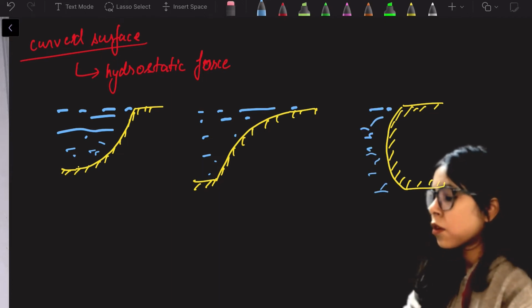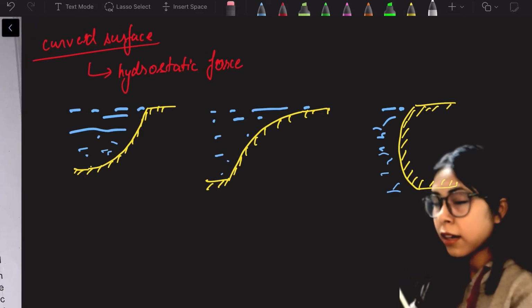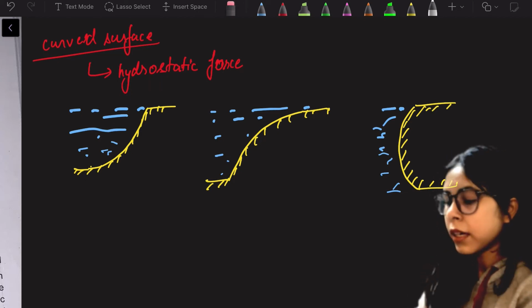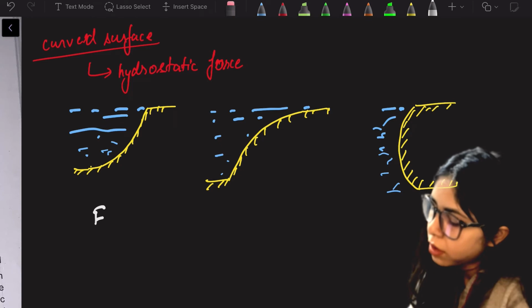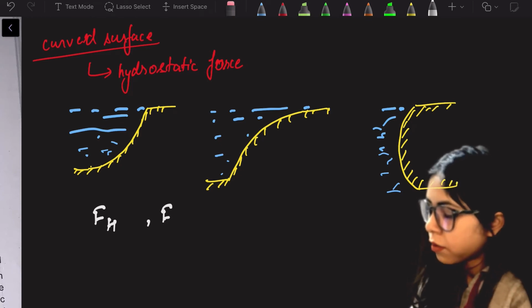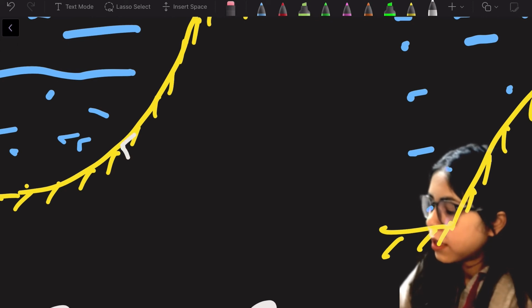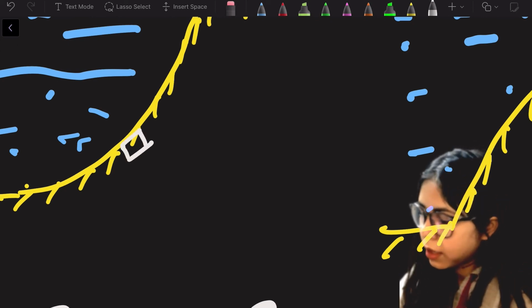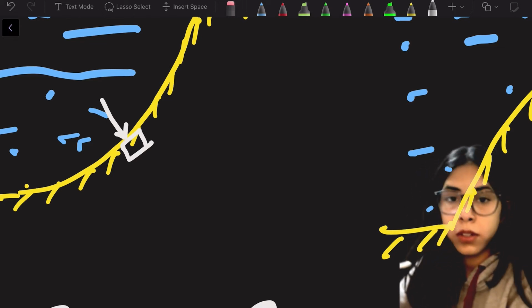For any curved body, the force which is acting on the curved body can be divided into two forces. One is horizontal force and another one is vertical force. This is the curved body, and if we take this particular small elemental area, the force acts in this direction, perpendicular to the surface.